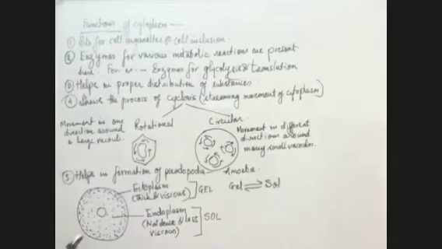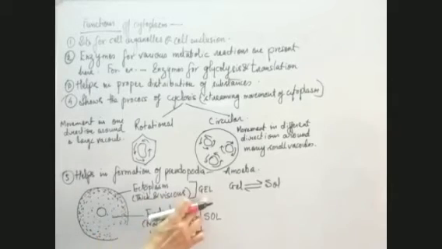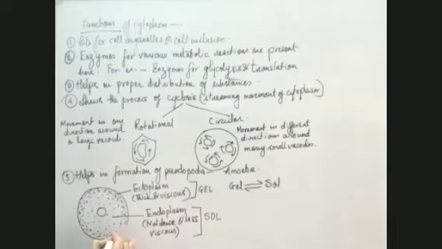Now what happens? Suppose this is an amoeba and it has to make a false foot here. The thick and viscous gel here gets converted into sol, SOL.